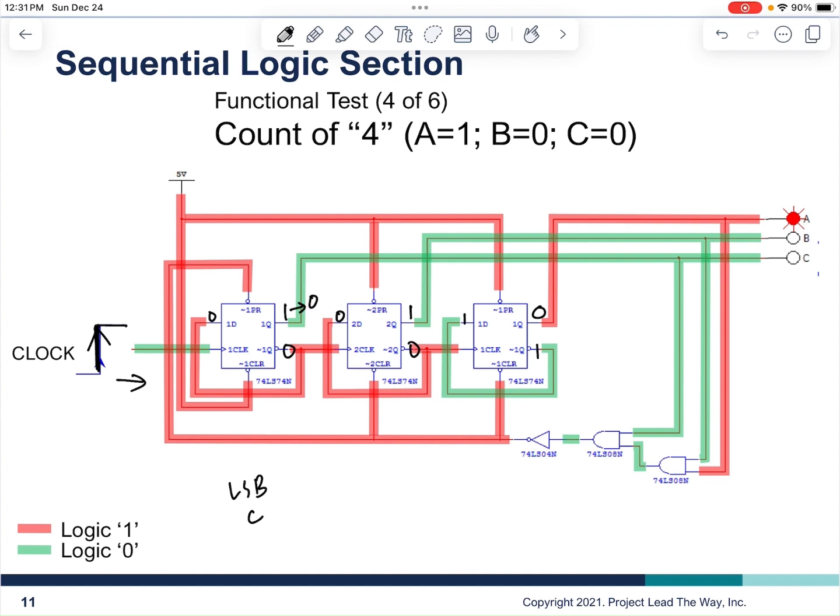So 0 to 1, 1 to 0, 0 to 1. Okay, you'll change the B. So you have a rising edge here. You change to 0, you change to 1, and 0 to 1 also has a clock right here for the A. Okay, so everybody changes this time. 0 to 1, 1 to 0. So your final output will be 1, 0, 0.